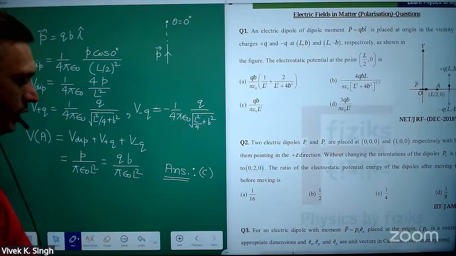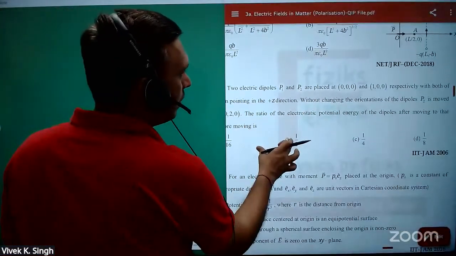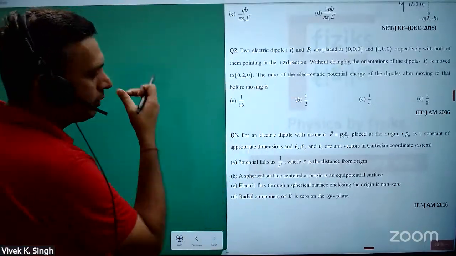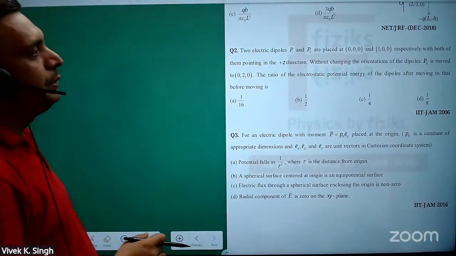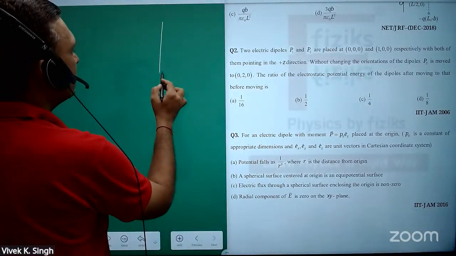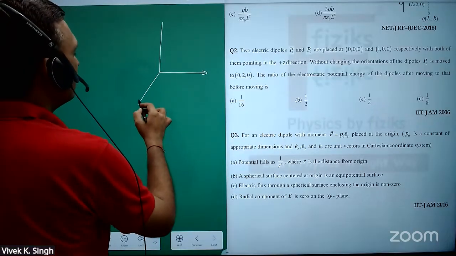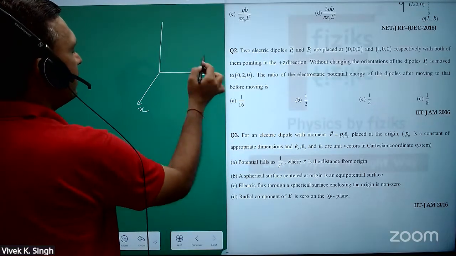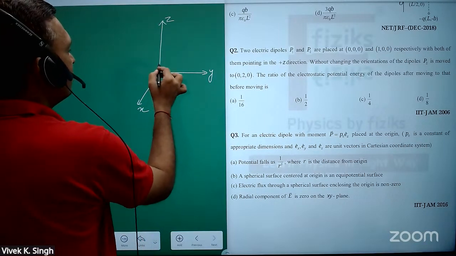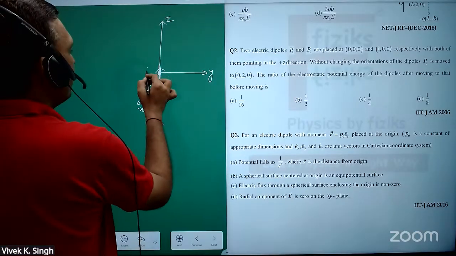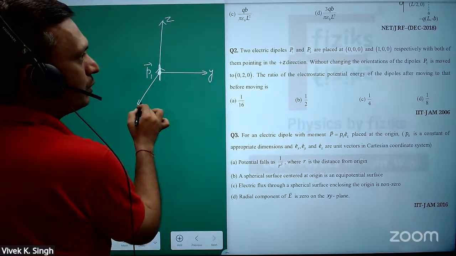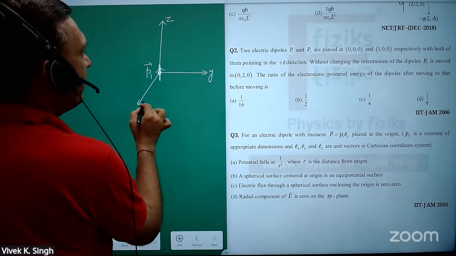Now you have question number 2. Just see. Two electric dipoles P1 and P2 are placed initially. Let's see, X, Y, Z. This one is placed at 0, 0, 0. Let's say this is dipole P1. And another is placed at 1, 0, 0 pointing in Z direction.